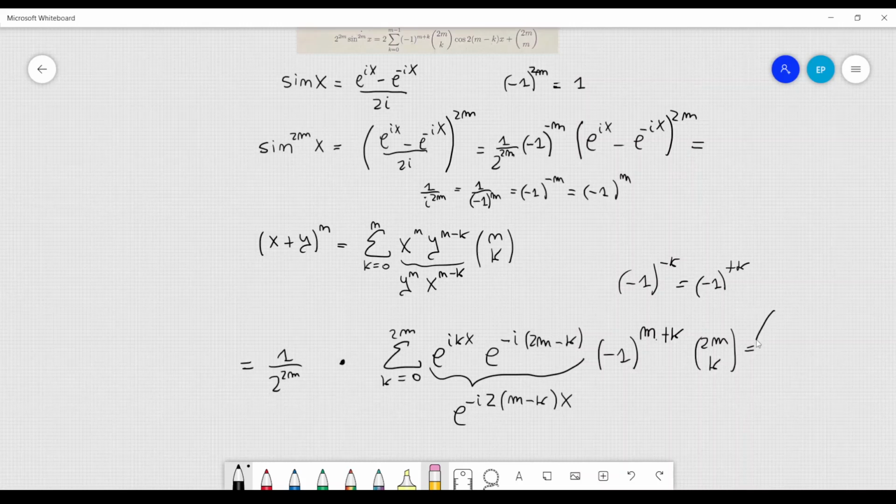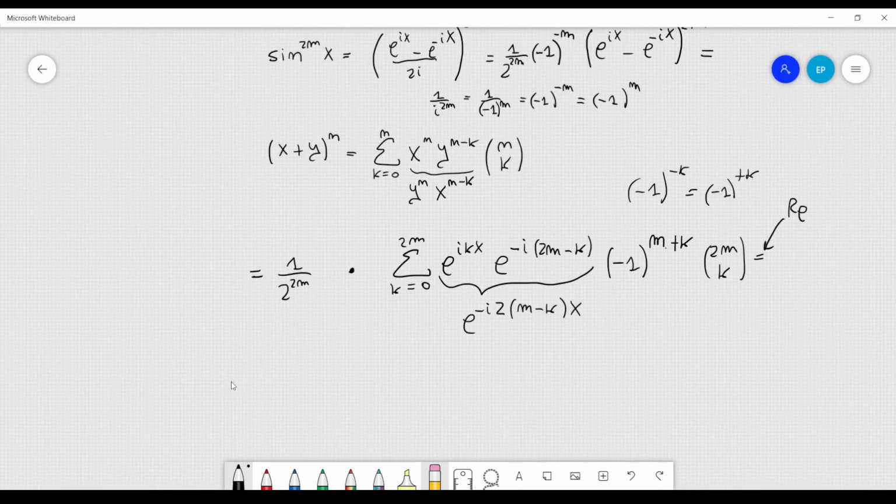So if I take the real part of this, it is still equal to the same expression, because I know that the imaginary part will have to vanish in order for this expression to be equal to this one, because that's a real number after all. So I can rewrite this, if I take the real part, 1 over 2 to the power 2m, and then I have the sum with the index k ranging from 0 to 2m.